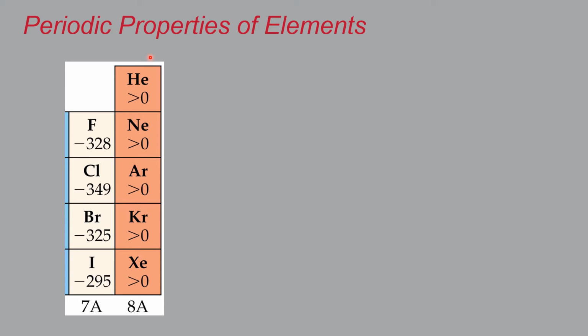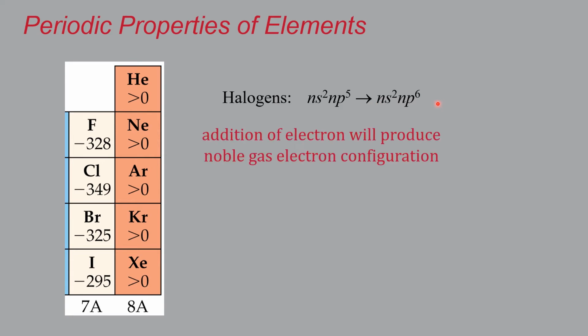So think about the nature of that last electron that you put in. All of these halogens have the electron configuration ns2np5, where n represents the row number, so 2, 3, 4, 5, and so on. Adding an extra electron to form that -1 ion would transform them to having electron configurations ns2np6, which is a noble gas configuration.